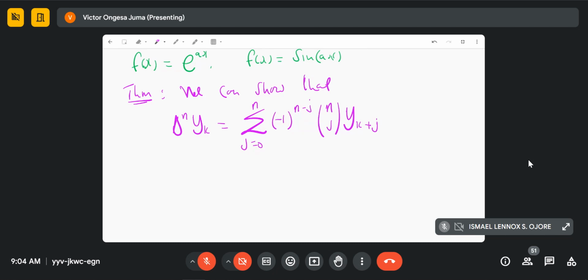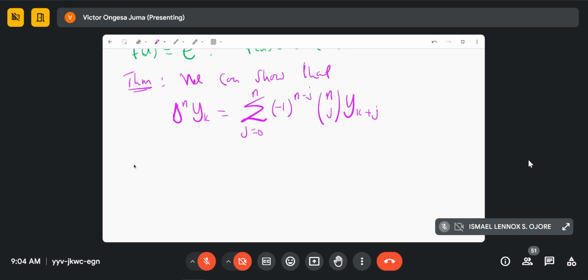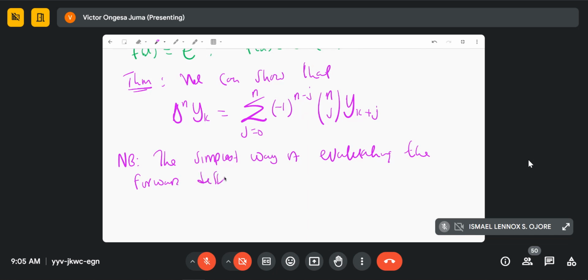So the simplest way of looking at these forward differences is constructing what we refer to as a difference table. So you can just write here the notes in B. The simplest way of evaluating the forward differences is by a difference table.